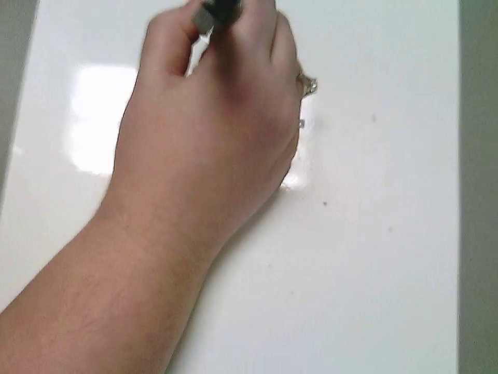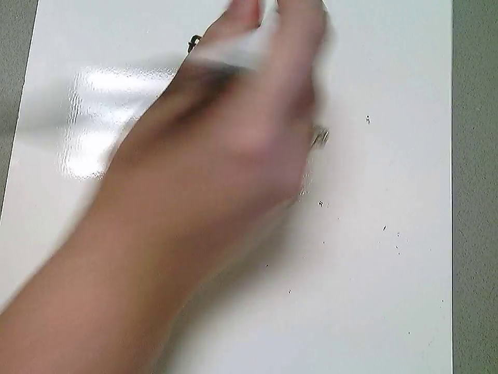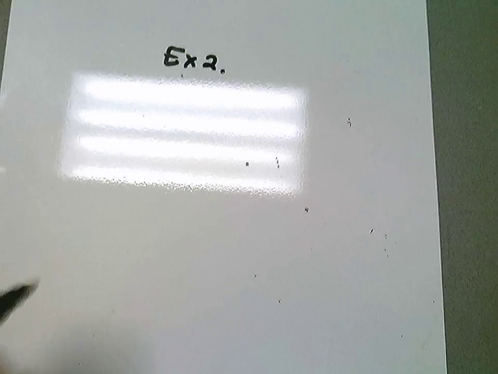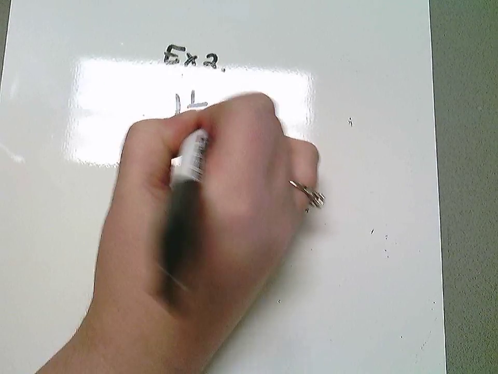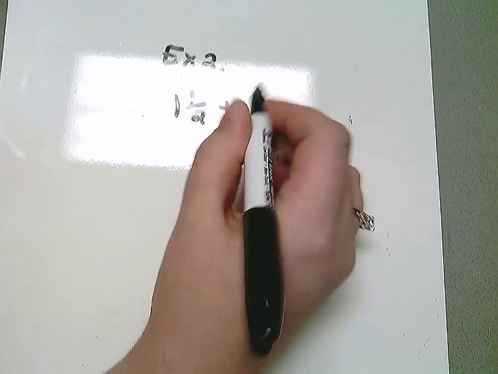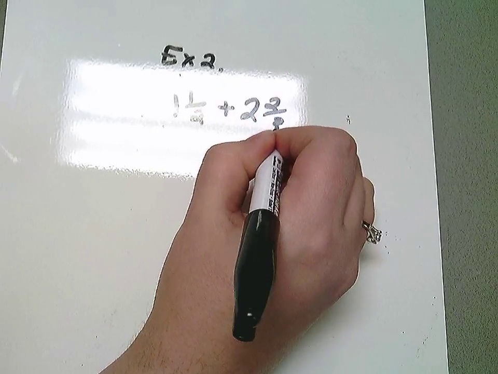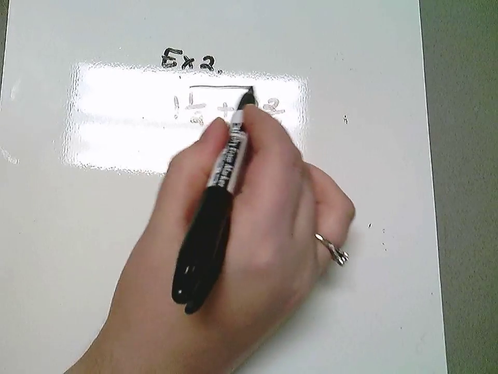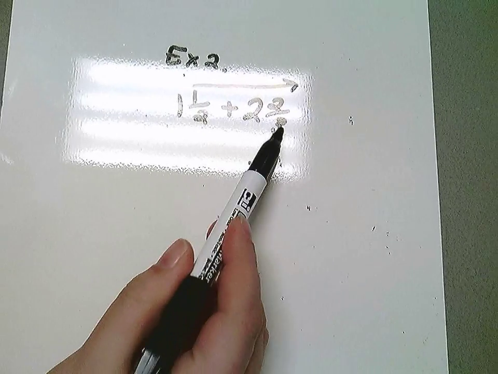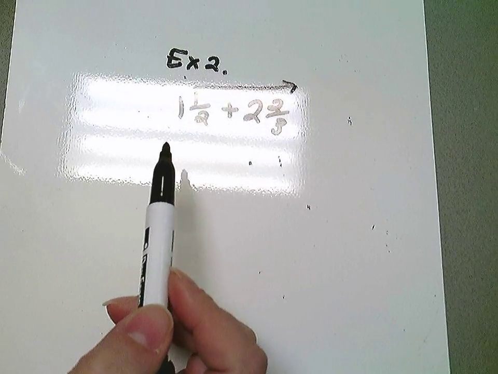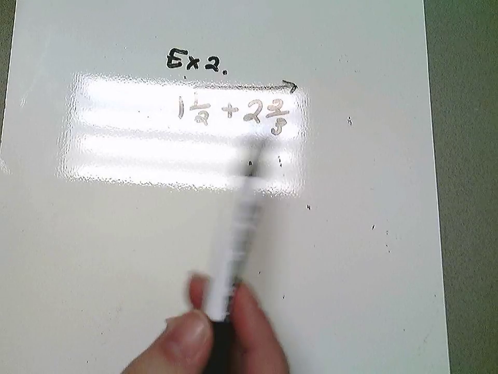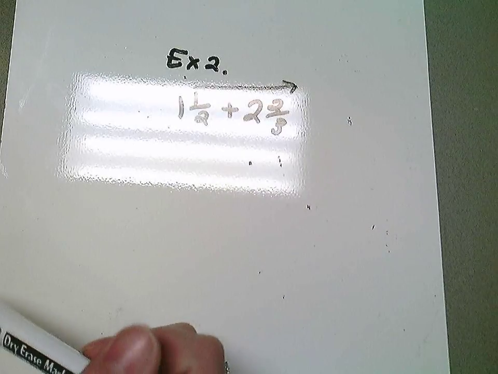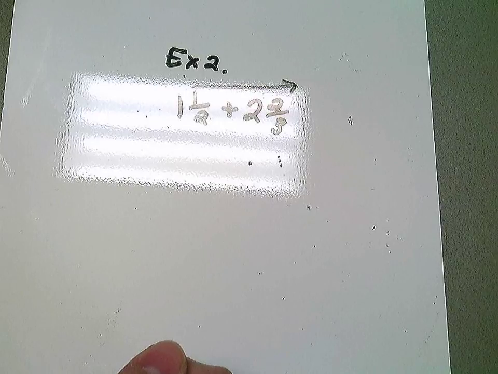Example 2 is very similar. It says 1 1/2 plus 2 2/3. Our first step is to shape, which means to get both of them with common denominators. How do we get a 2 and a 3 to be a common denominator?